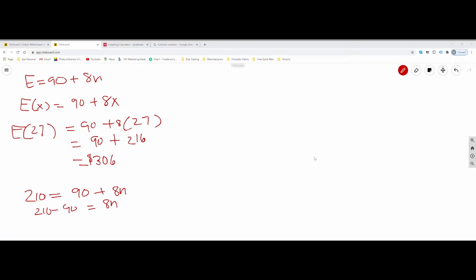So 210 minus 90, 120 equals 8n. n equals 15. So when she has sold 15 bags, she would make an earning of $210. Okay, so that's that one.